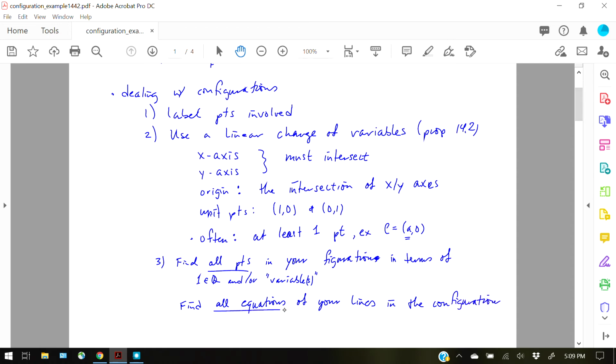And specifically here, again, you want them in terms of something that looks like a fraction and whatever your variable is if you have one.